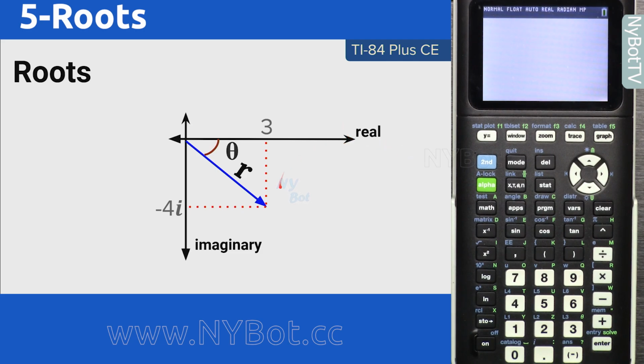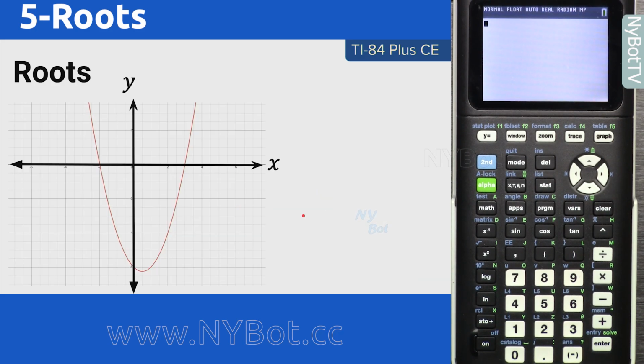When we talk about polar format, we have R, magnitude, and then theta, so this will be a circle rotating around. But if we have rectangular, then we have the real and then the imaginary part represented like this. And for the roots, for example, this is a quadratic, a second degree polynomial.